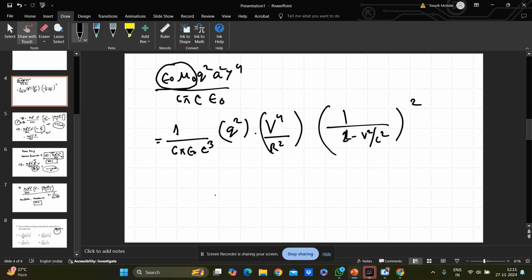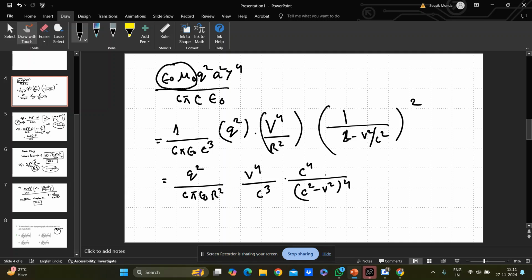Okay, so now let us calculate: q square by 6 pi epsilon naught r square, v to the power 4 by c cube, into c to the power 4 divided by c square minus v square whole square. Do a little bit of simplification, and you can write v to the power 4 as v squared whole square.